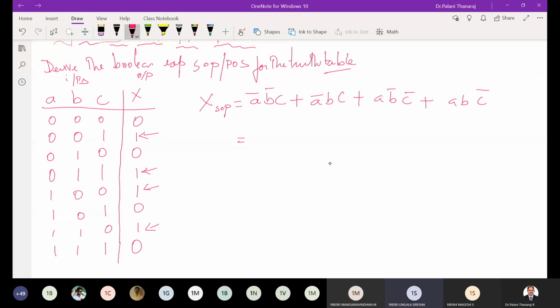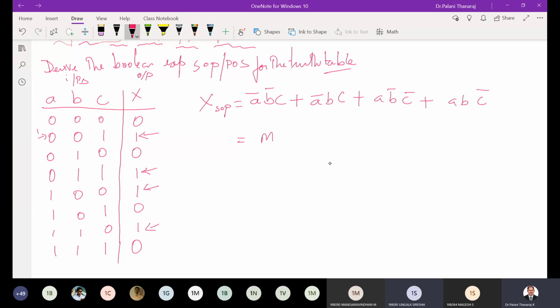Is it M1 plus... how are you getting M1? Because that one is 001, sir, so it represents 1. Very good. Excellent. So we have to see the combination and convert it into decimal form, and you just put it as a subscript.